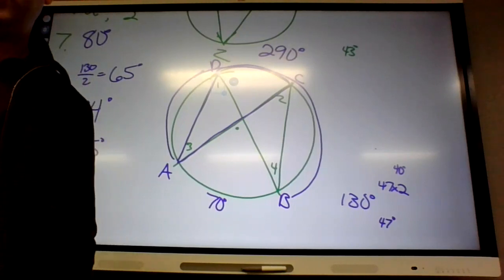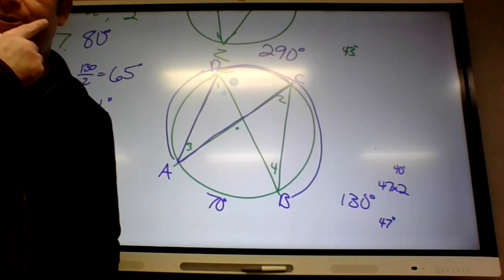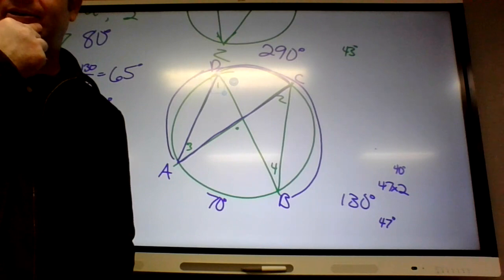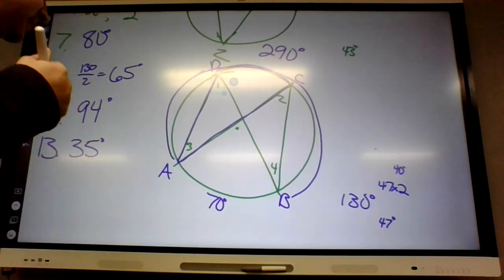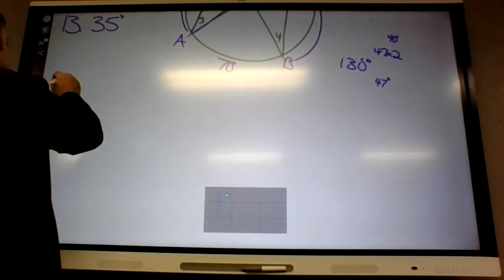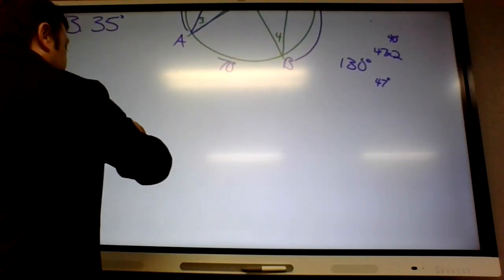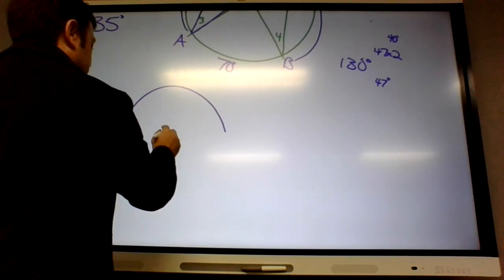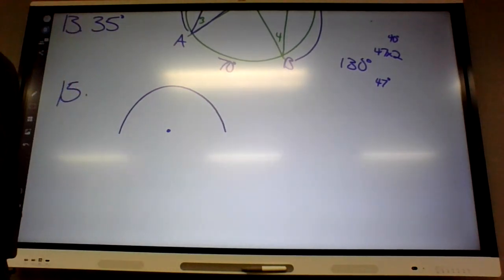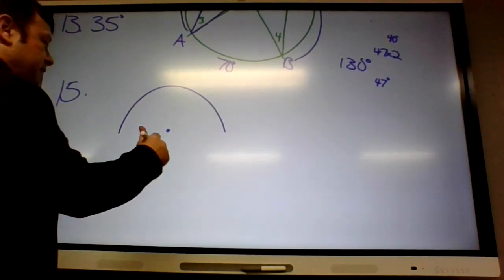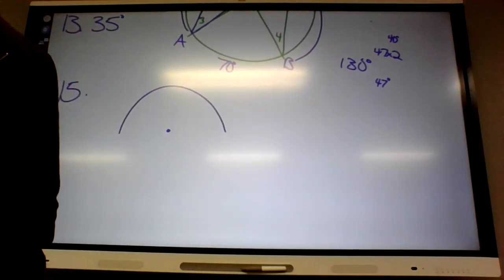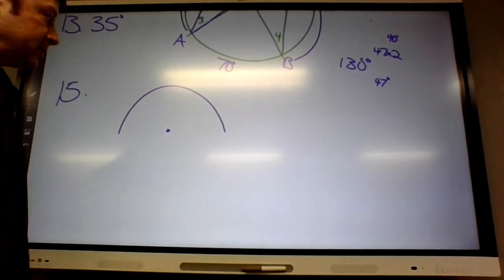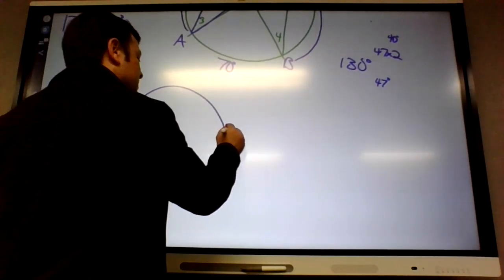Number 15. Assume this stone semicircle in Peru has a radius of 21 feet and that measurement of angle A is 5 degrees. Okay, I probably better draw that too. Semicircle, so half circle. That would be the center. The radius is 21 feet, so I'll just draw it.